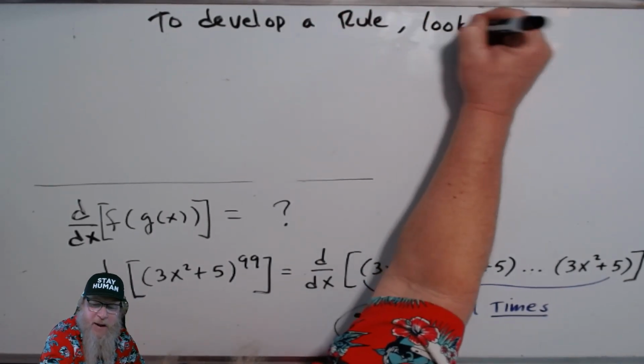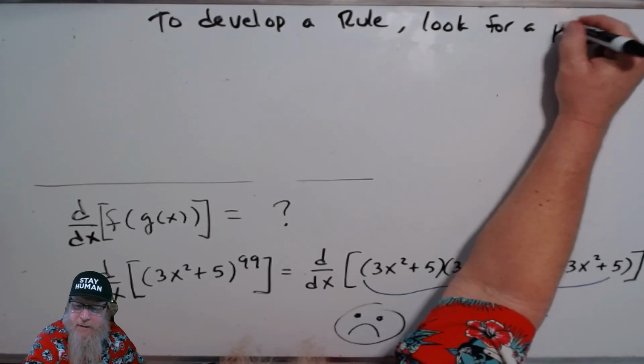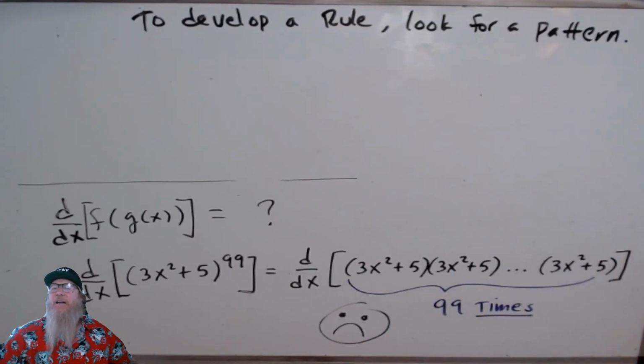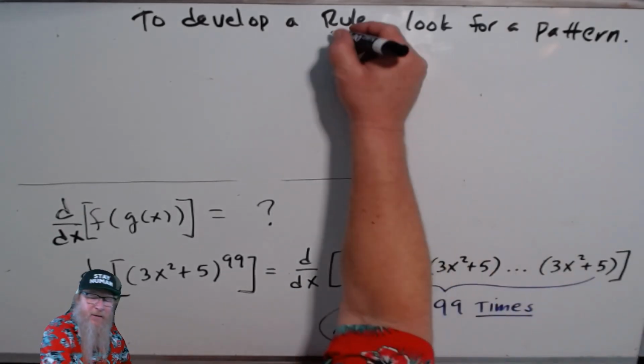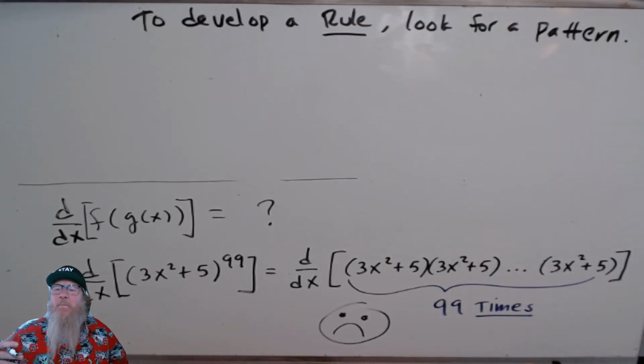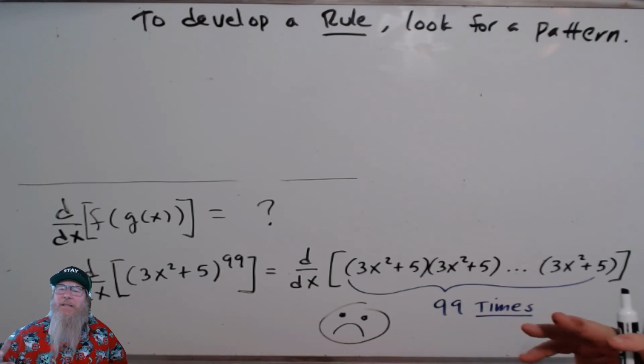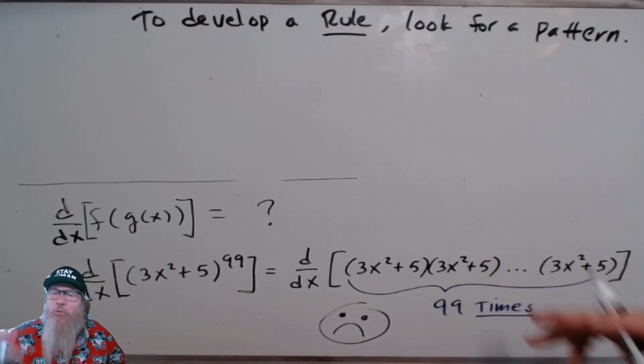We want to look for a pattern. You know, in math, we don't just make up rules for the sake of making rules. We're not enforcers of rules just for the sake of a rule. A rule is really a property. That's what a rule is, right? It's a rule in the sense that it defines a process.